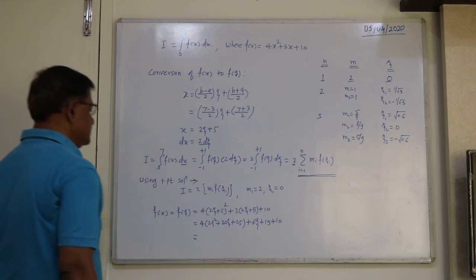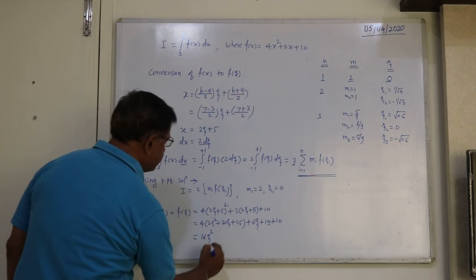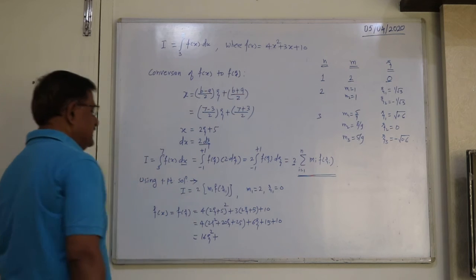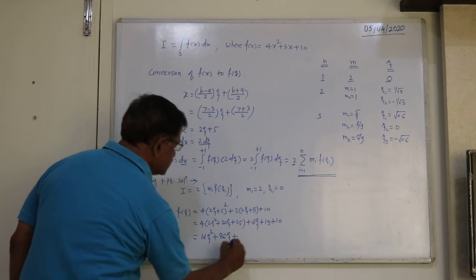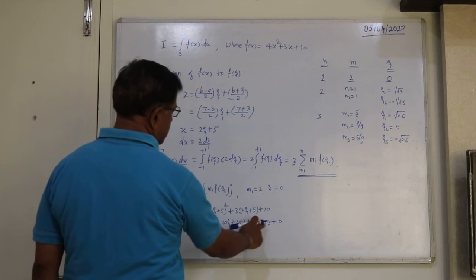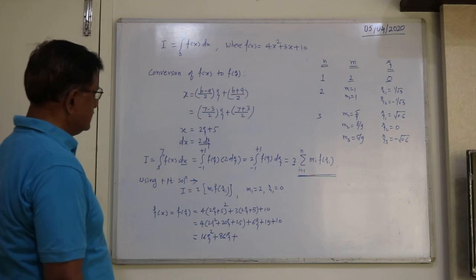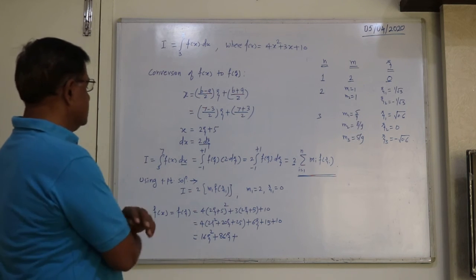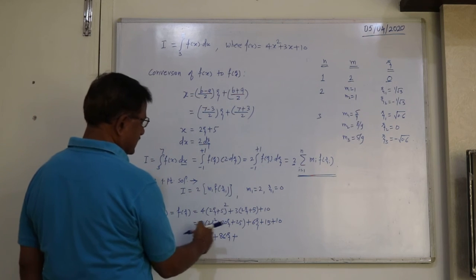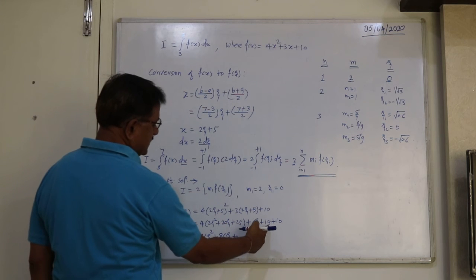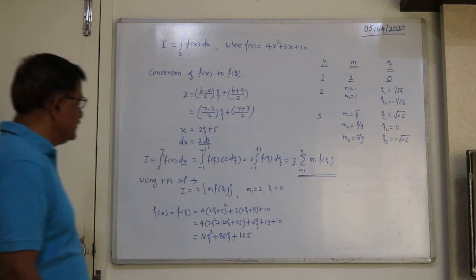Multiplying it out, we get 16 xi squared plus 86 xi plus 125, since 4 into 25 is 100, plus 15 plus 10 gives 125.